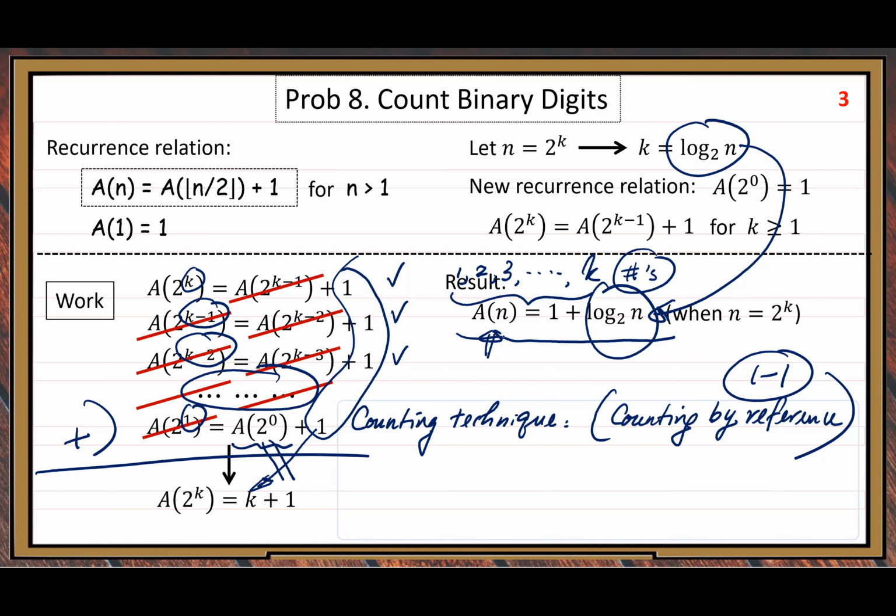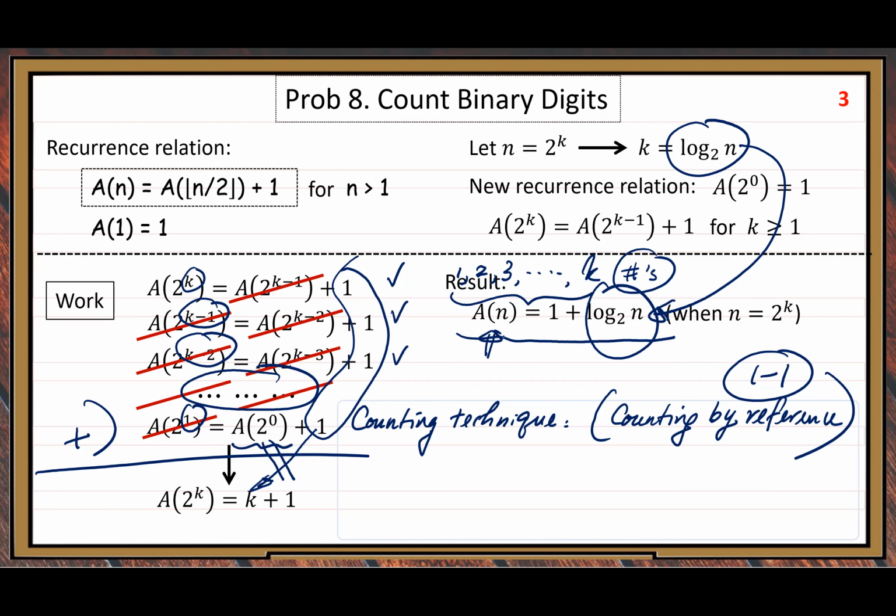But our goal, if you want to solve the problem completely, is to find the formula where n is an arbitrary positive integer. So there is a gap, a huge gap. How can we bridge that gap?